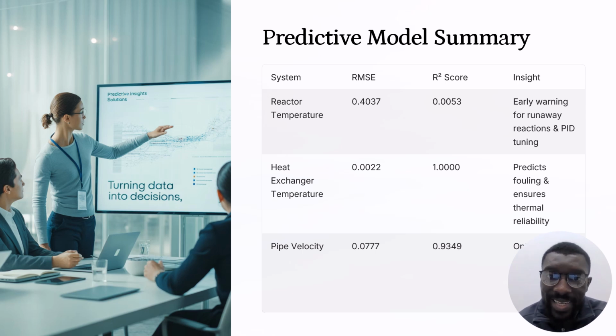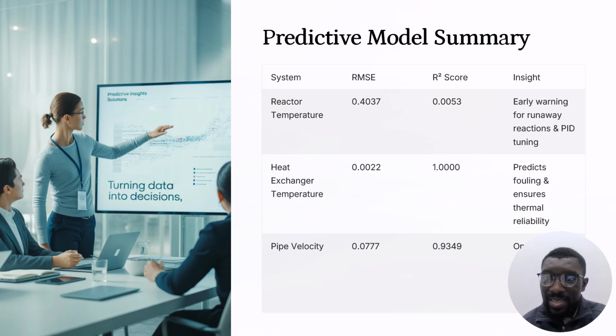So on the predictive model summary, those were actually the results that we got from running the code in Python in the system. For the reactor temperature, we had a root mean square error of 0.4 and an R square of 0.00.